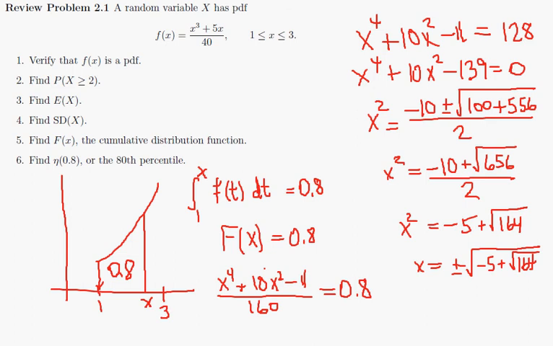So the negative solution there is also extraneous, and so I will just simply get rid of it. And so there is my answer. x is equal to the square root of negative 5 plus the square root of 164, and plugging into a calculator, that gives us x is approximately equal to 2.72207.